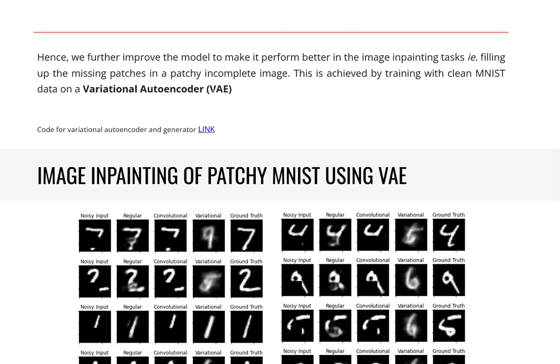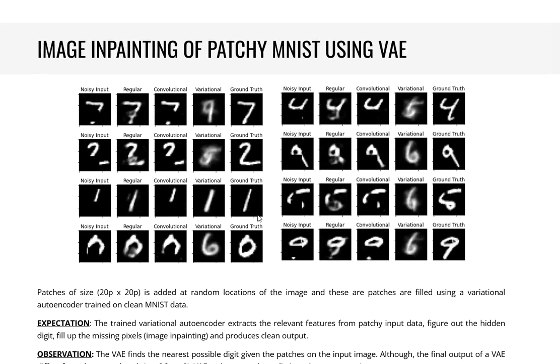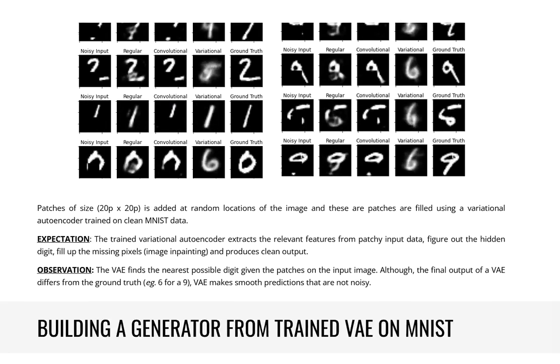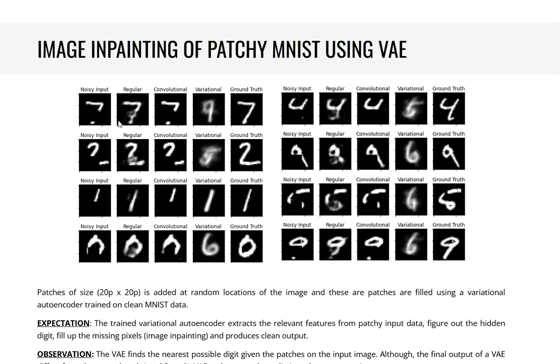So we try an experiment with the variational autoencoder and compare it to the results for the image inpainting task from the convolutional and the regular autoencoder. As you can see here, you have the same set of inputs that we used previously for the regular and convolutional cases, but in the variational case, the output does not really align well with your ground truth.